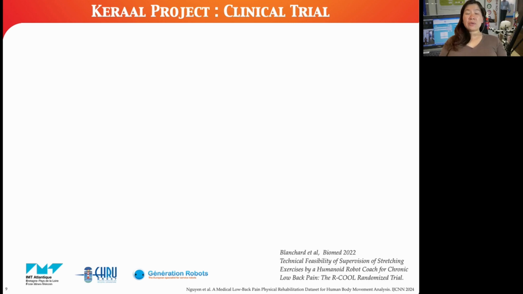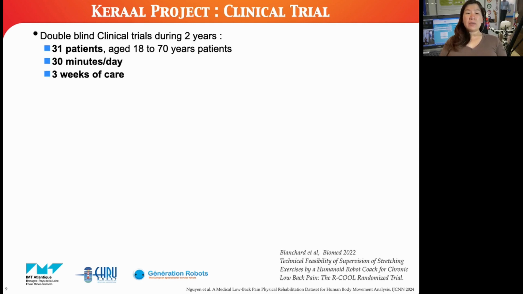This dataset was part of the project Keraal, which was a clinical trial in a double-blind setting during 2 years, where we recruited 31 patients aged between 18 and 70. Half of them were training with a robot coach, as seen in the first video, and half of them were following usual care.